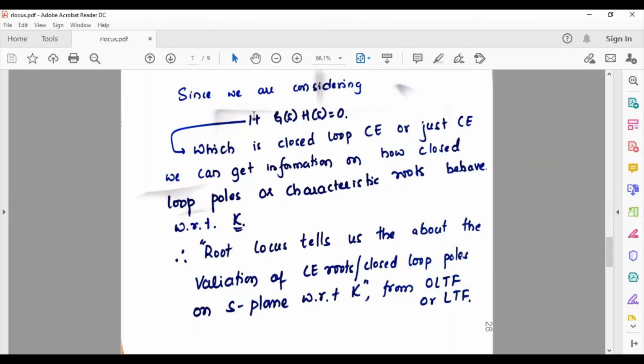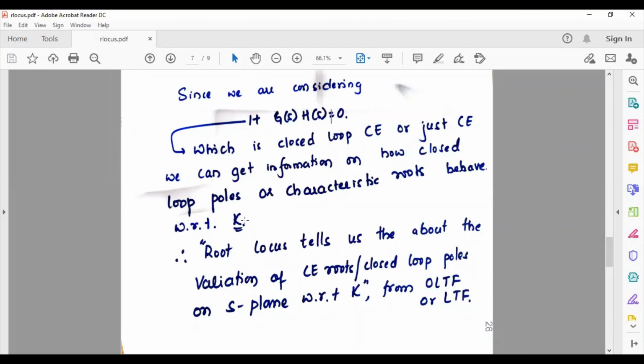Fine. But we have plotted for this equation, rearranged s equal to something and then plotted. So what essentially it means is we are taking the open loop information and putting it into a closed loop analysis, and we are then drawing the locus with respect to k.